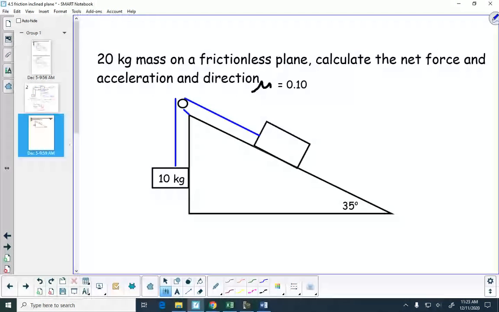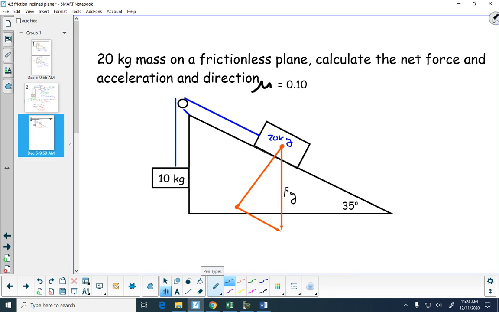All right, just add a 10 kilogram mass to the other end. We have mu is equal to 0.10. We still want to break this down into two components. Those two components are going to be the same.